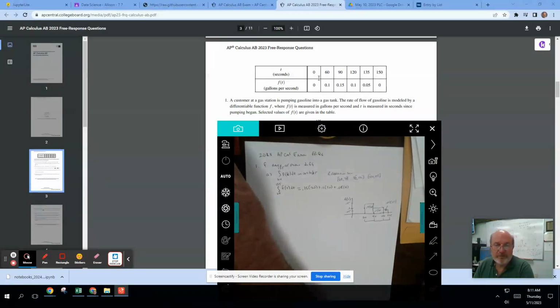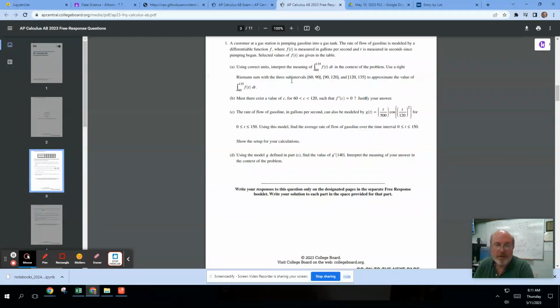And since this is a rate function, the integral is an accumulator function. And let's move to part A again. It says we want to interpret the meaning of that. That's the value. So we've got the approximation, and we're going to put units. This is going to be the model where f is measuring gallons per second.